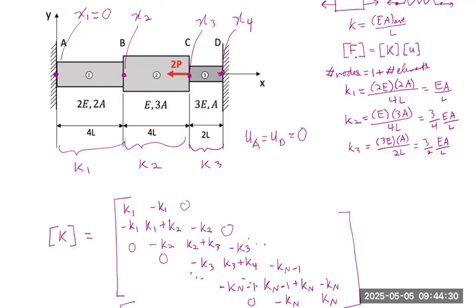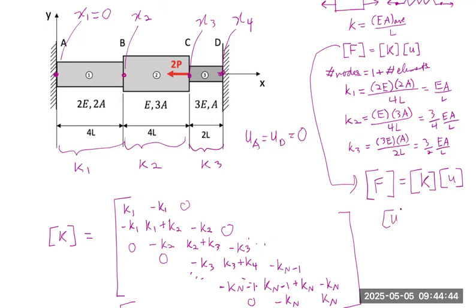And if we go back to our equation over here, basically this is saying that the force is related to the stiffness matrix times U. And here our U vector is actually equal to U1, U2, U3, and U4, since there are 4 nodes.